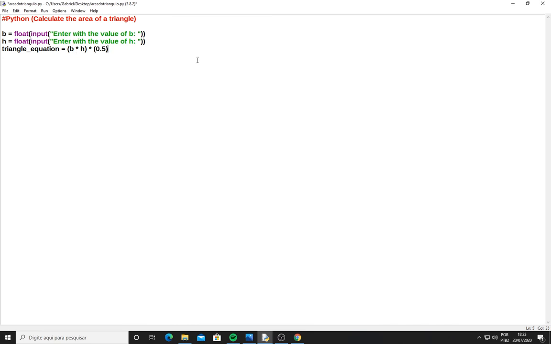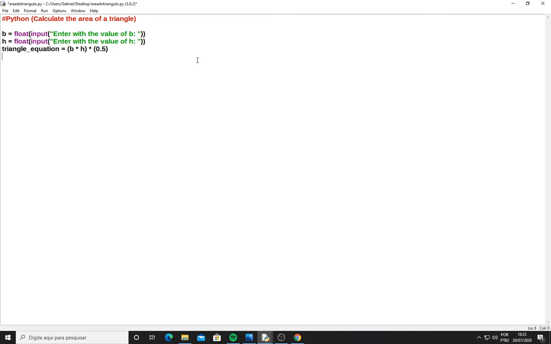Usually in Python you see people writing 0.5 and sometimes writing divided by 2, like this. You can do both of these methods. So the triangle equation equals b times h times 0.5.